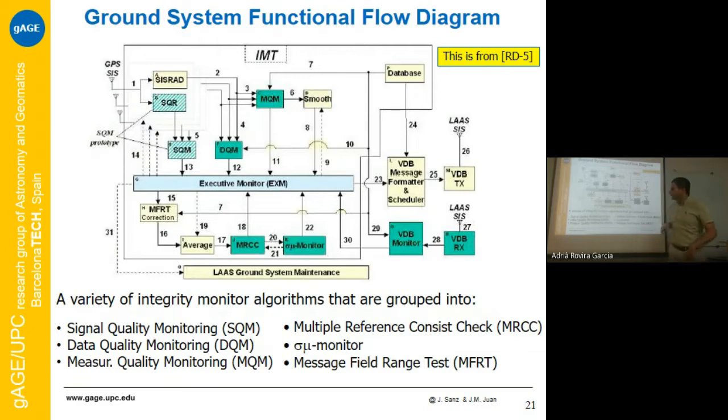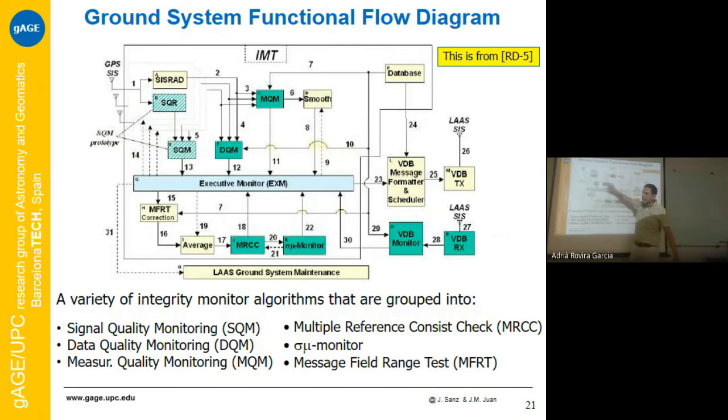This is, let's say, the brain of a GBAS station, in which, starting from the left-hand side with the antennas, we have, as we said, multiple antennas with multiple receivers, and then we check the signal, the SQMs, that are the signal quality monitoring.